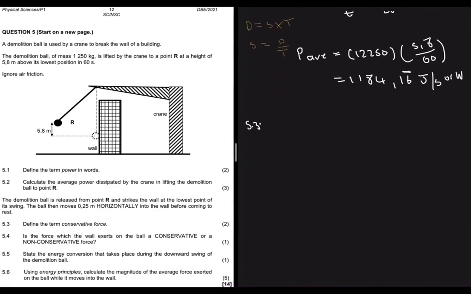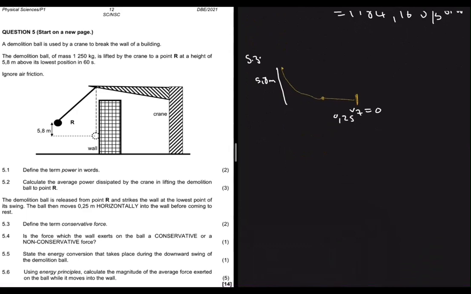So we're moving from point R, and then we hit the wall. After we hit the wall, we move horizontally, right? That's what the information is saying. And then we come to a rest. So that is VF here, it's 0, right? And then this horizontal movement, that's 0.25 meters. And then this height here is 5.8 meters, like we already know.